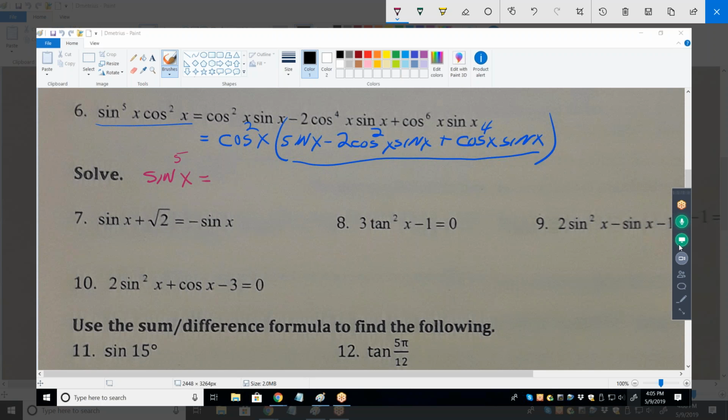Now, if we're trying to turn it into something that looks like that, probably the best thing to do is to make it look like this. Understand? Yep. And then, every time we see a sine squared of x, let's substitute 1 minus cosine squared. That's the same as sine squared.